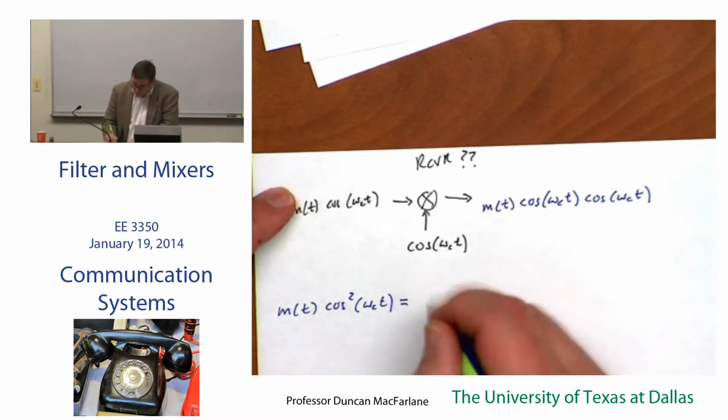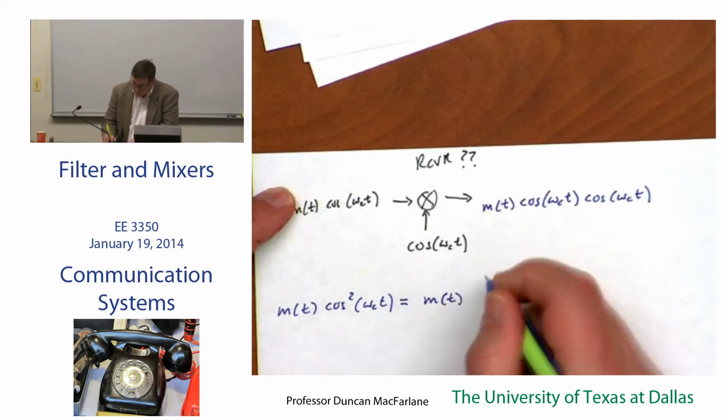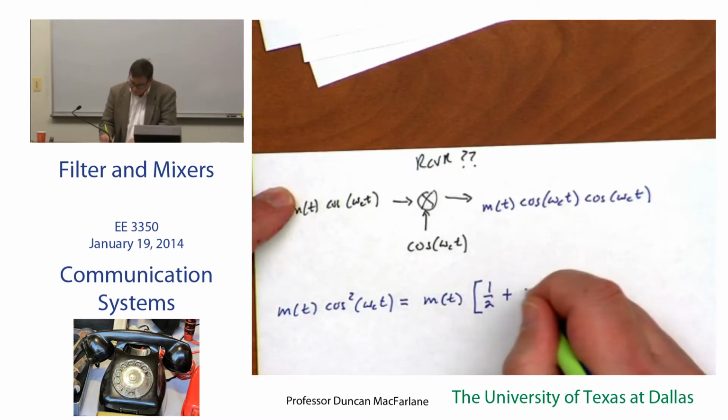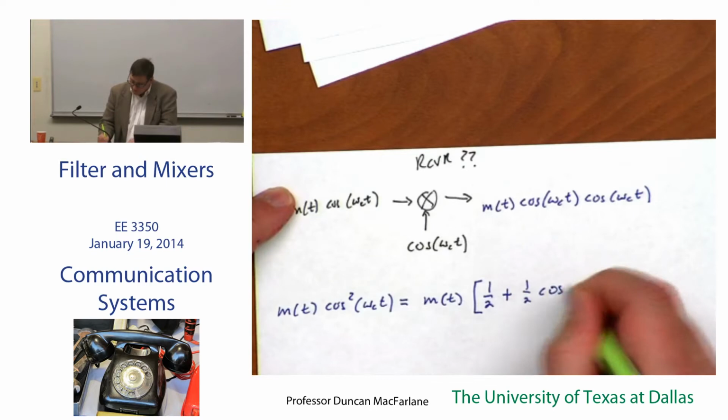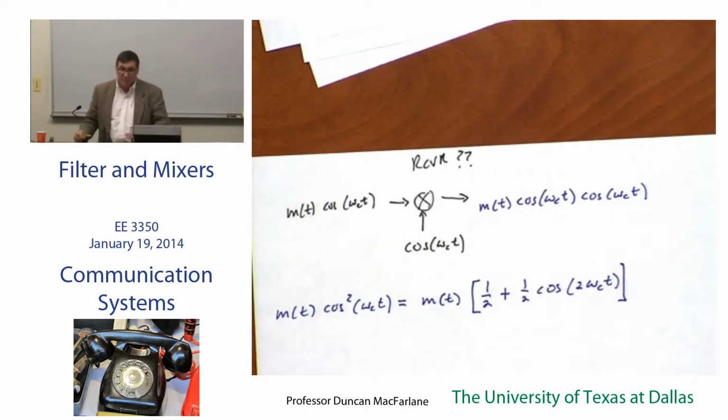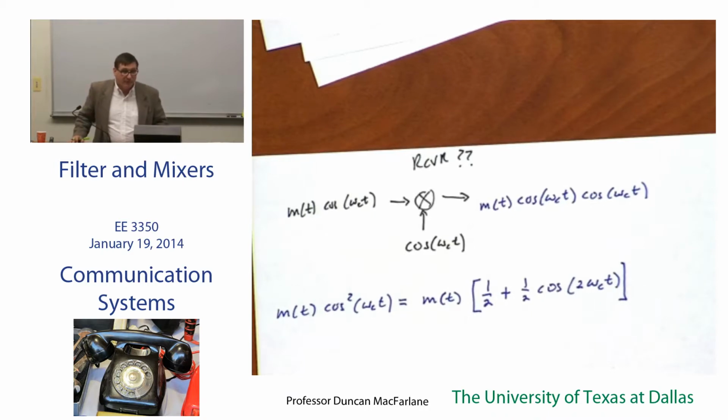And that's equal to m of t multiplied by 1/2 plus 1/2 the cosine of twice omega ct. That's a trig identity, right?